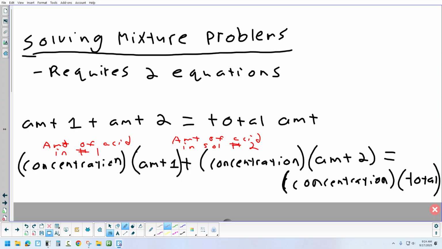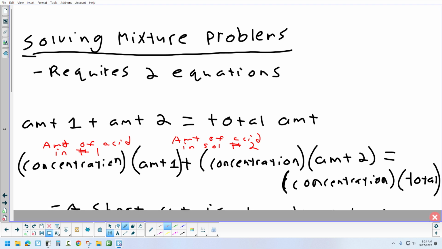Then when you mix them together, you're getting a total. And that's what the last one gives you. If you take the final concentration that they give you in the problem and multiply that by the total, this is the amount of acid in the total. I'm using the word acid, but it could be any chemical.